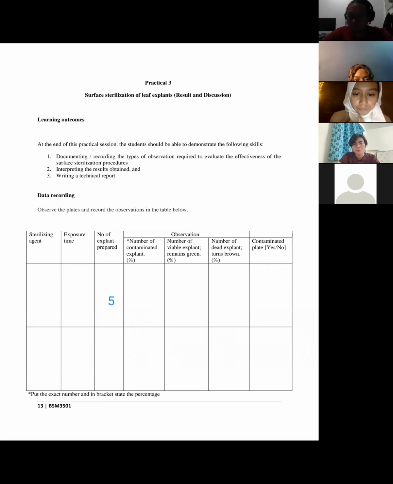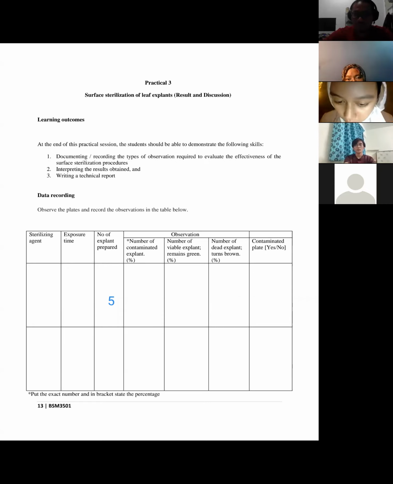When 3 of them are contaminated, the viable explants are 2 of them, which makes up 40% of the remaining green. To know how many dead explants there are, I relate to the number of contaminated explants.